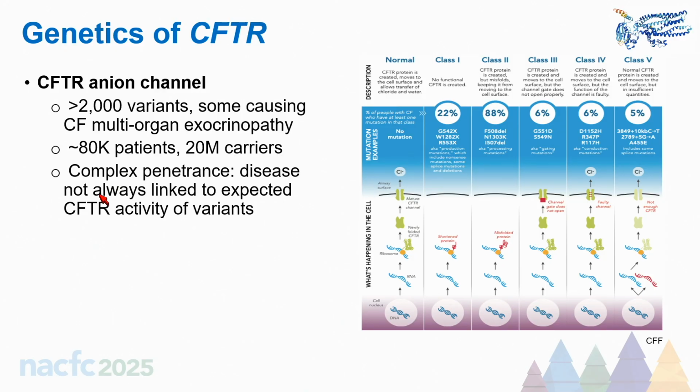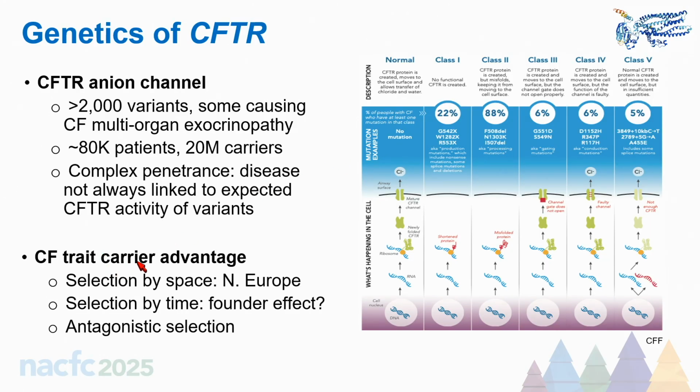What's also complicated, and it's kind of a good illustration, if you just look at folks who are homozygous for delta F508, people have looked at monozygotic versus dizygotic twins, and they found that the monozygotic twins have more relatable symptoms between one another than the dizygotic ones. So the effect of potential modifier genes, even though they have the same environment. And also we know in terms of lung disease, you cannot predict how bad the lung disease is going to be between patients with exactly the same mutations. Obviously complex penetrance.